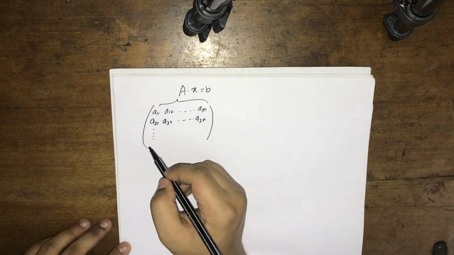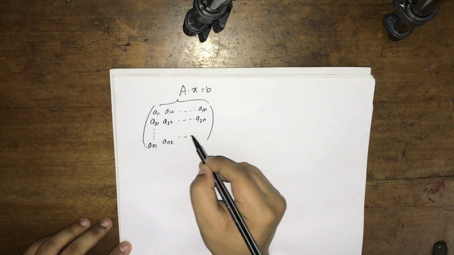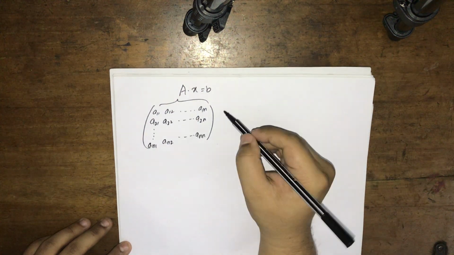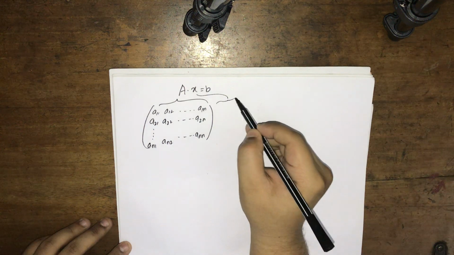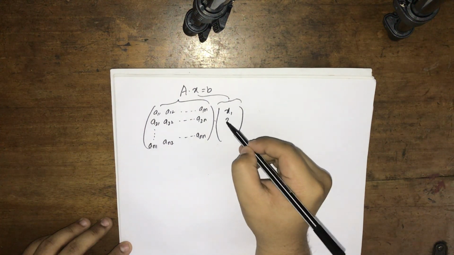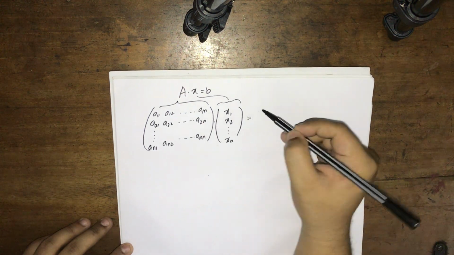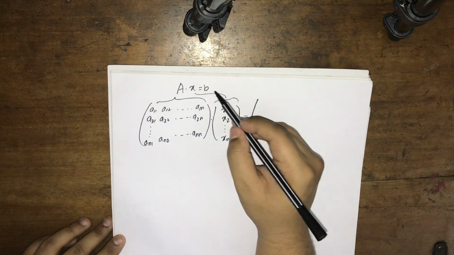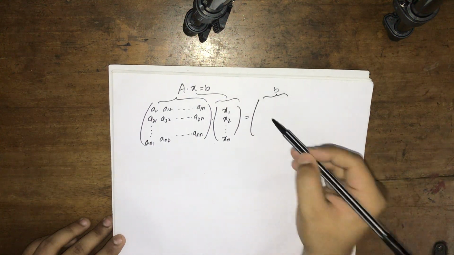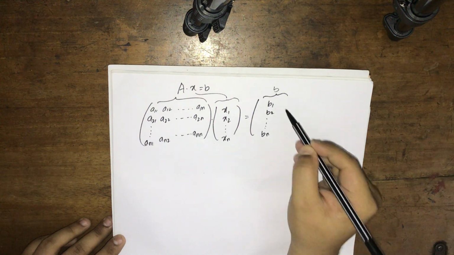If we continue up till the nth row, AN1, AN2 go up till ANN. And the X matrix looks like this: x1, x2 up till xn, equal to the B matrix, which looks like B1, B2 up till Bn.